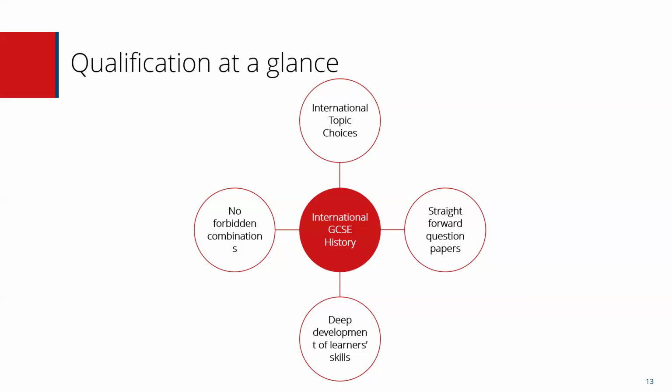And we've ensured that everything is nice and diverse and international there. The question papers, as I'm sure you know now, are clear and straightforward. They're accessible for all students of all ability ranges, all learning styles. And as you're going to see today, the mark schemes are straightforward. The assessment requirements are really clear.